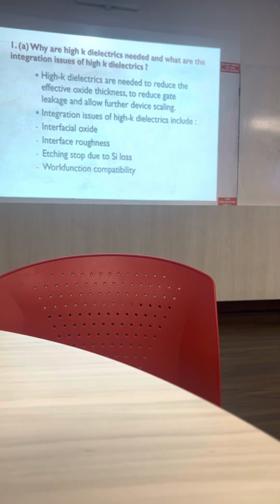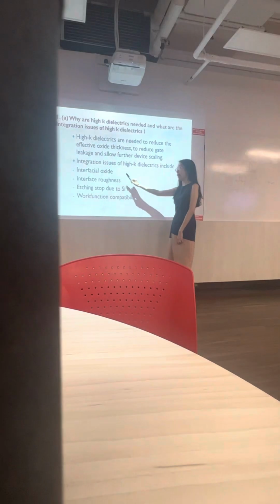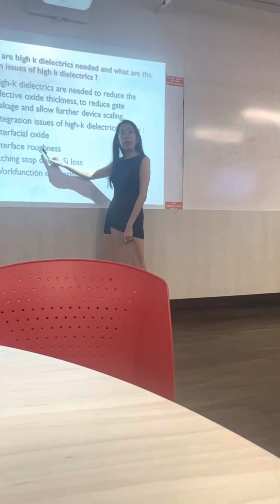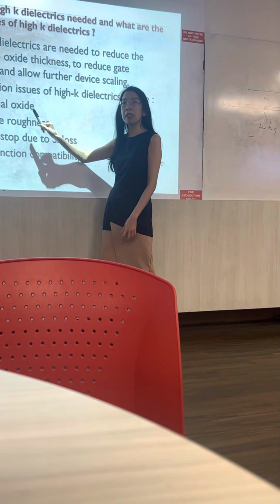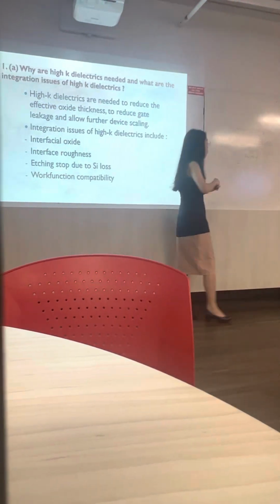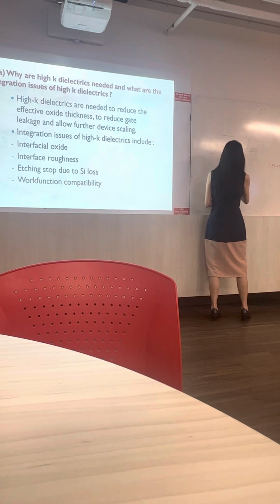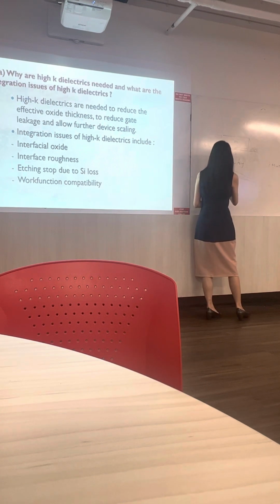Integration issues, we know, are always not easy. One of the key challenges is the interfacial oxide and the roughness. These two you're probably quite familiar with; it's covered in the lecture. We discussed why the interfacial oxide thickness matters. Let's say you have another layer in between, where this is one capacitance and here is another capacitance.